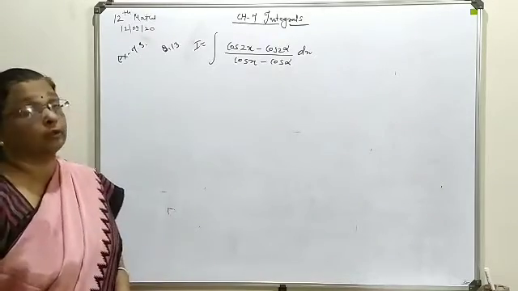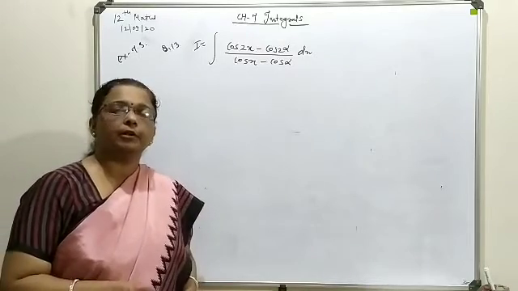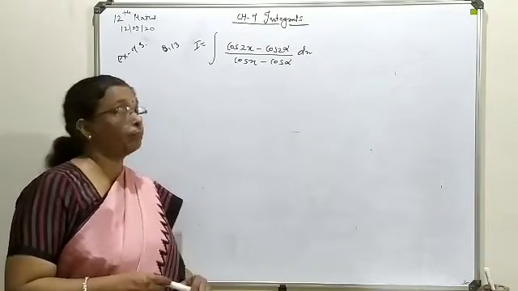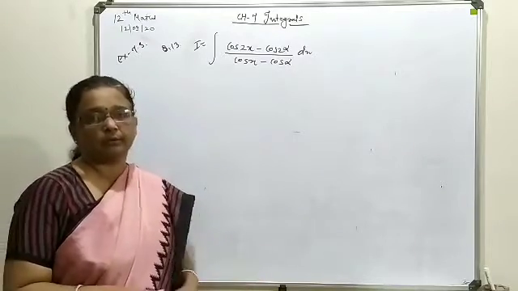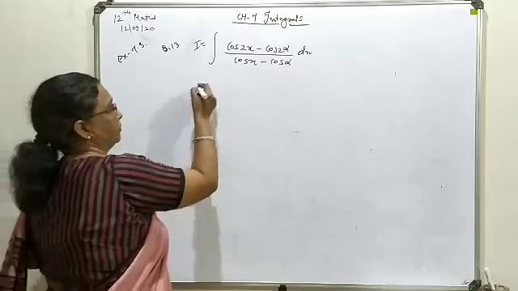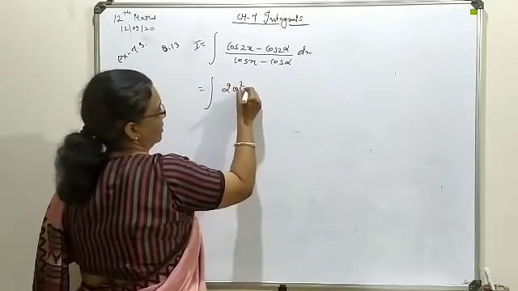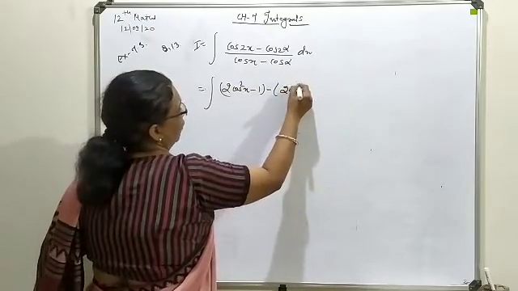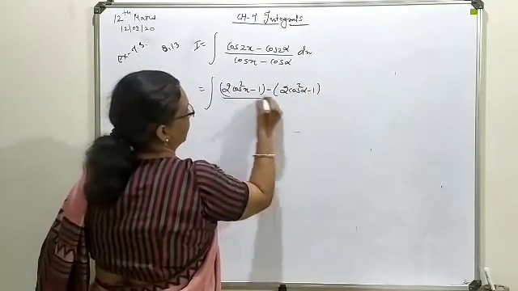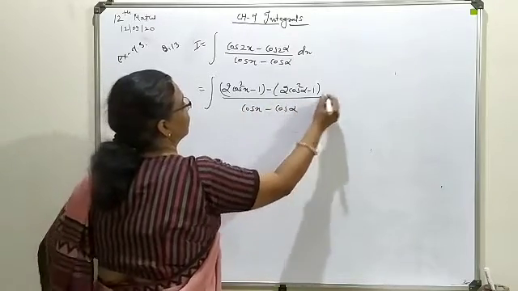So we try to generate the numerator in such a way that the denominator can be combined with your numerator form. We know cos 2 theta form in terms of cos only, so we are going to write over here: 2 cos square x minus 1, minus 2 cos square alpha minus 1, upon cos of x minus cos of alpha.